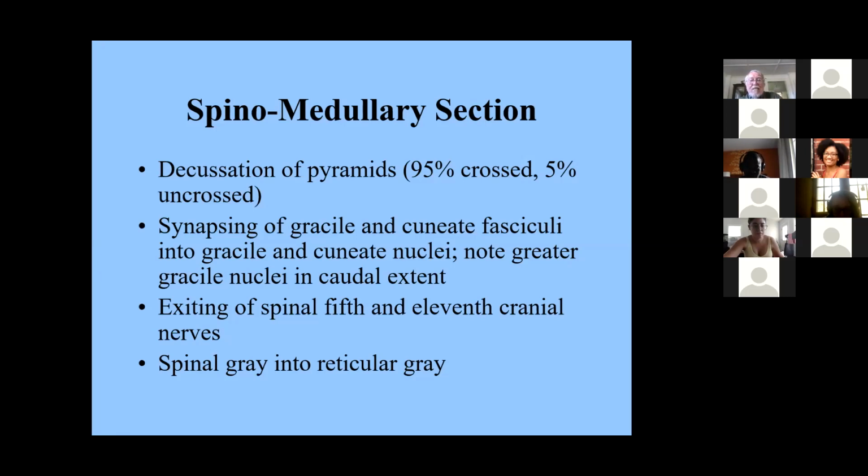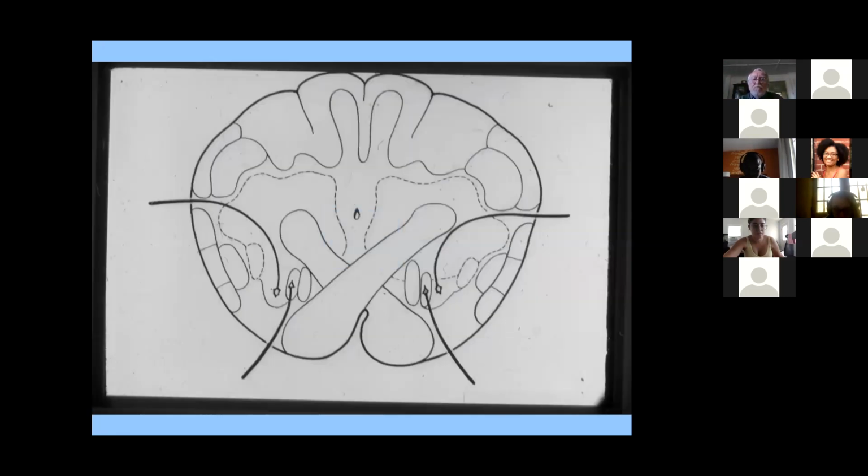And we still see spinal fifth and 11 cranial nerves, but now we're starting to see that the spinal gray, that very distinct dorsal versus ventral horn, is now getting more ambiguous, and we start to call that a reticular gray. So here is a schematic drawing of this.